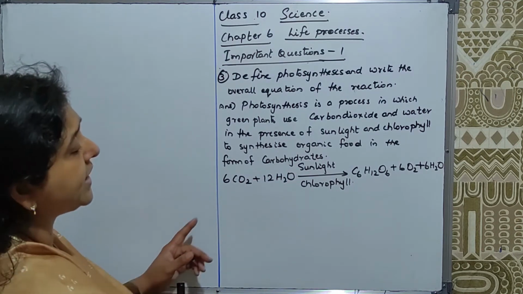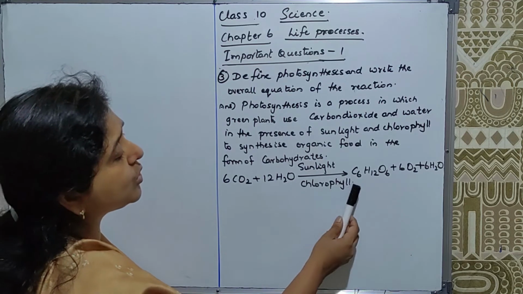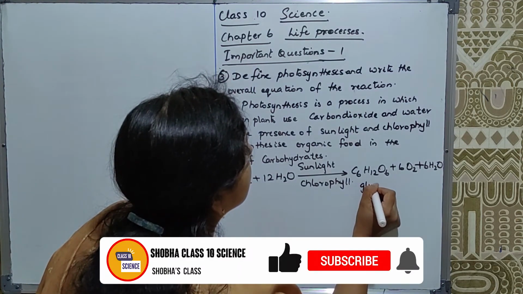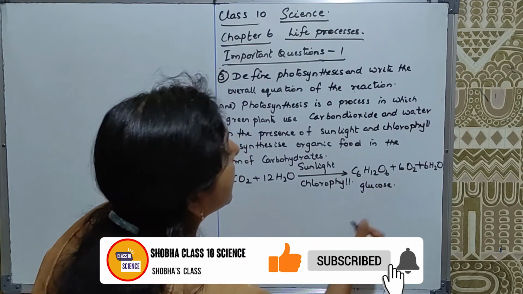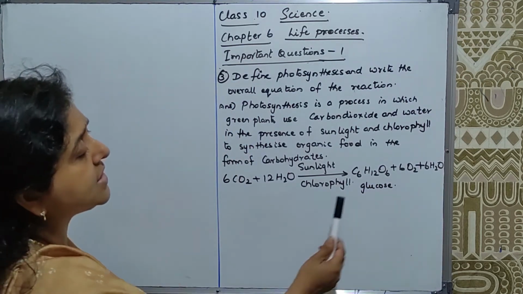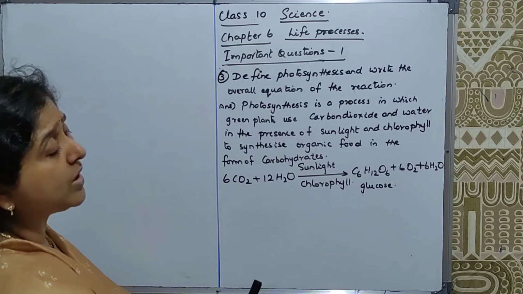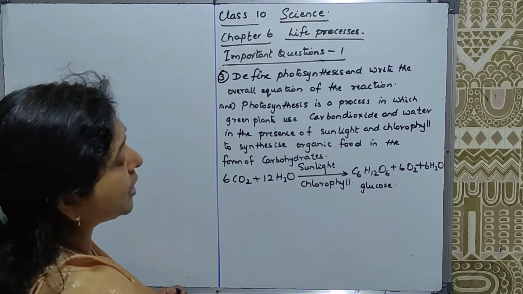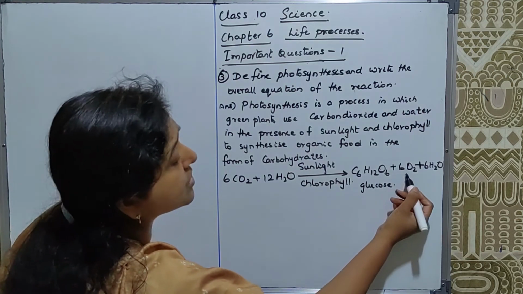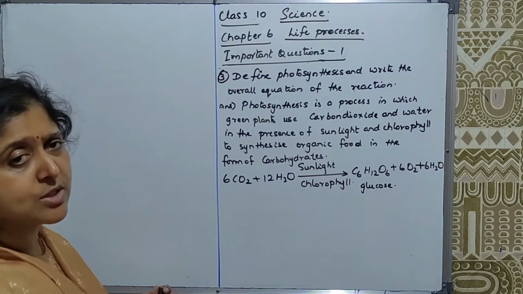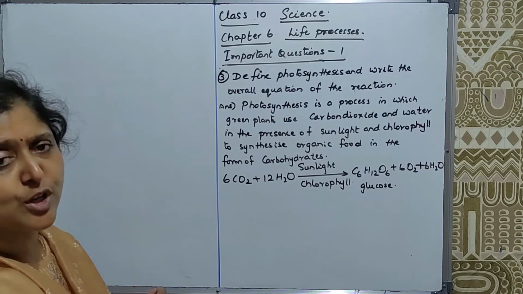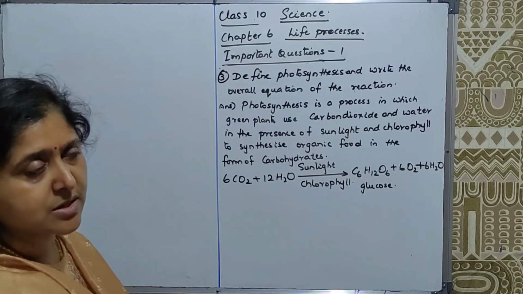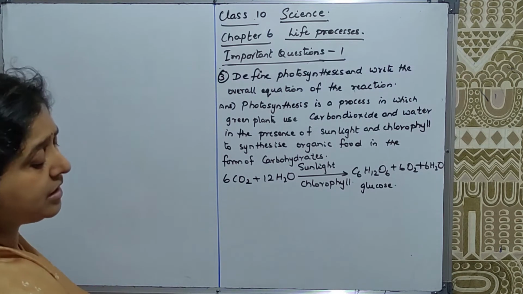So carbon dioxide and water will be converted into glucose, and oxygen and water. They'll ask you what the byproduct of photosynthesis is. It is oxygen. How is oxygen produced? Oxygen is produced by the splitting of the water molecule which is absorbed by the plant. Now we'll write the conversion.